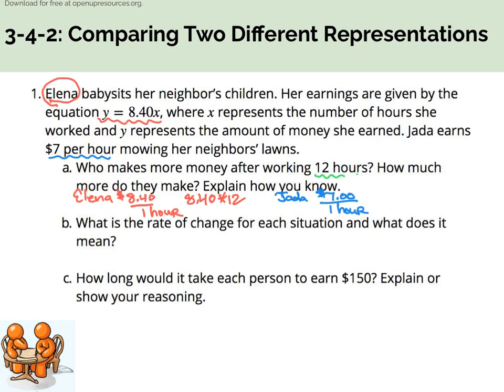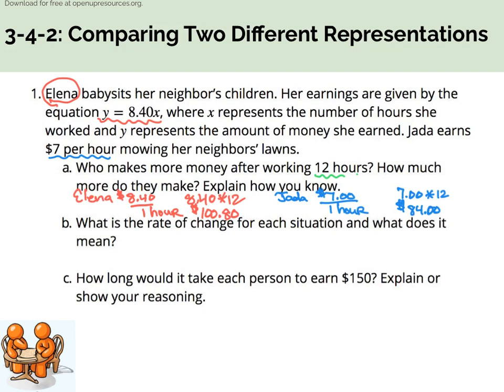It's $100.80. Okay. Let's do Jada. Jada, let's do $7 times 12. That is $84.